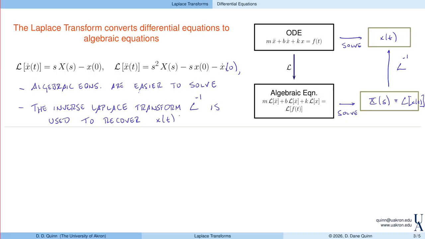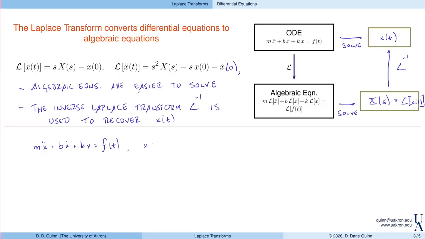Right, so let me actually apply this to a simple ordinary differential equation, basically a spring mass system. I'll start with m x double dot plus b x dot plus k x equals some forcing f of t.